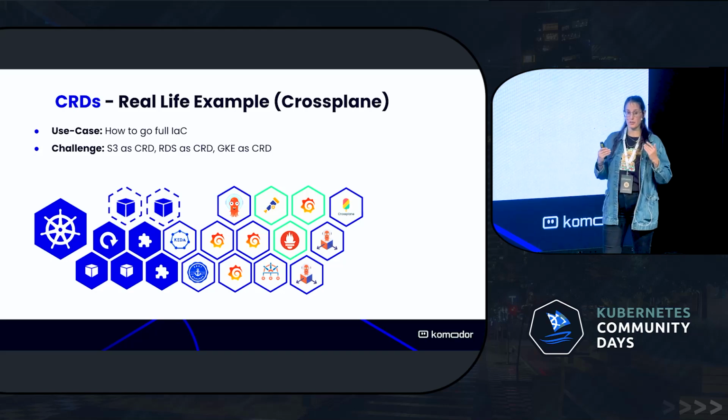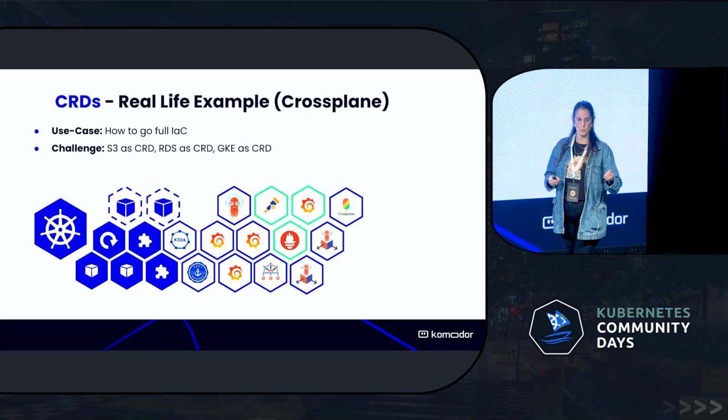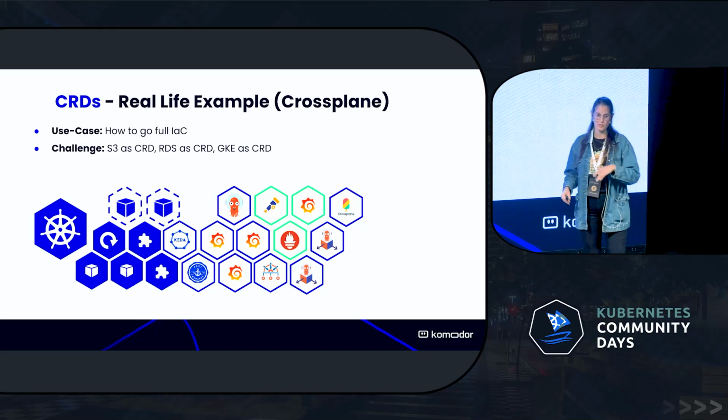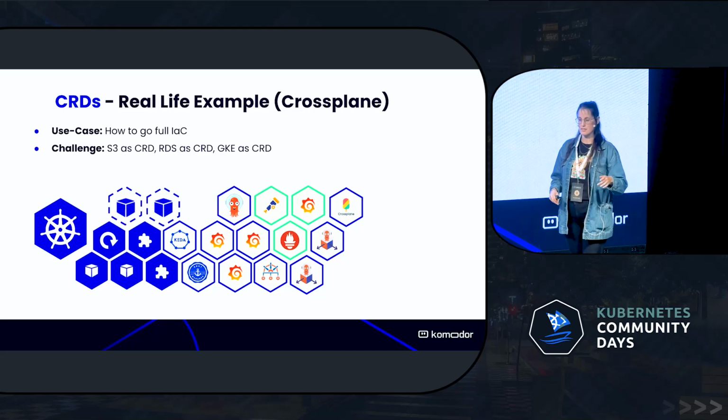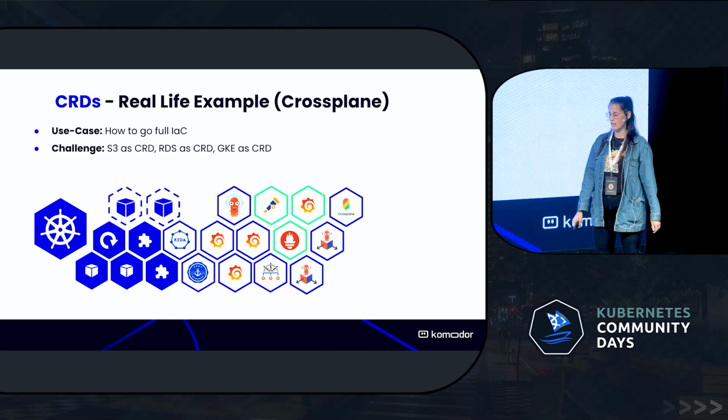And also, in order to use Crossplane, you need to define the infrastructure that you want using CRDs. So Crossplane is maybe the most clear example we have of a tool that utilizes CRDs. And I think it's really nice and awesome.